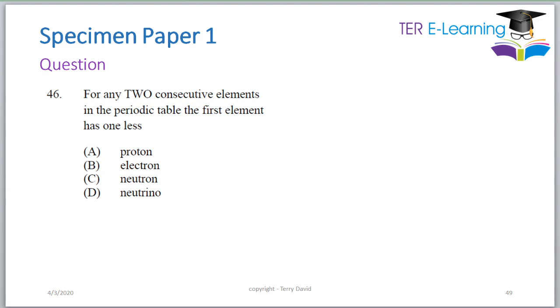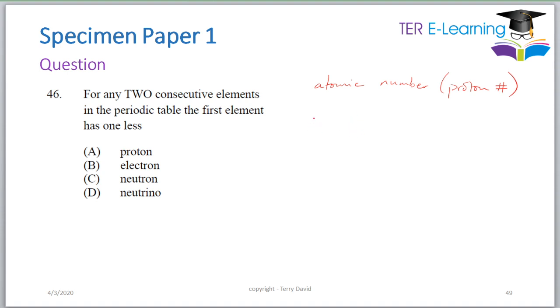Number 46. For any two consecutive elements in the periodic table, the first element has one less... So in the periodic table, the elements are arranged based on atomic number, or what we call the proton number, right?